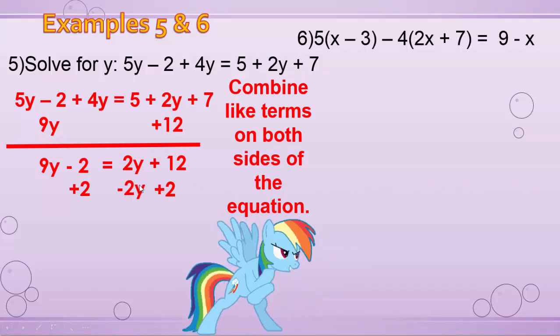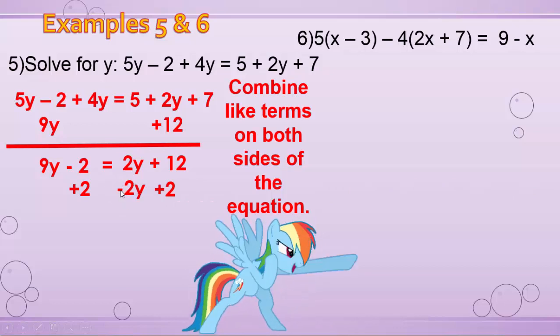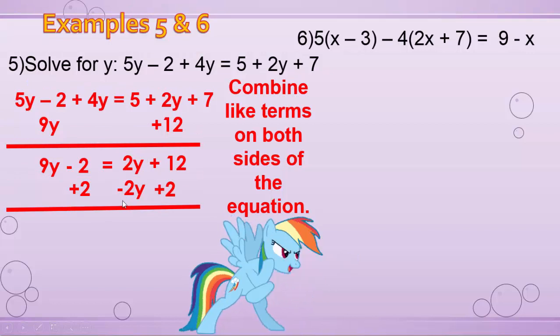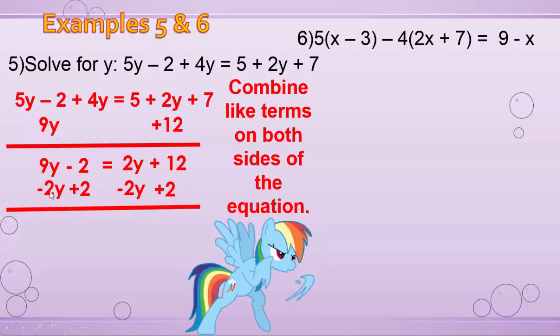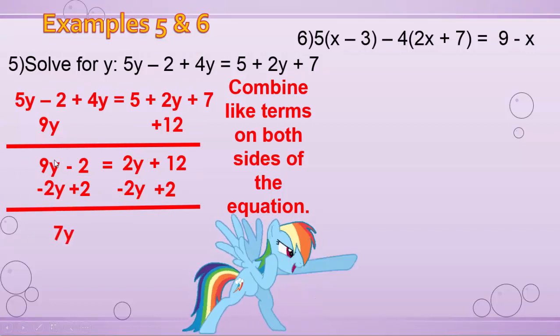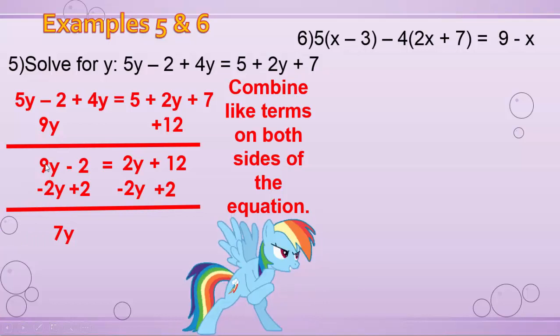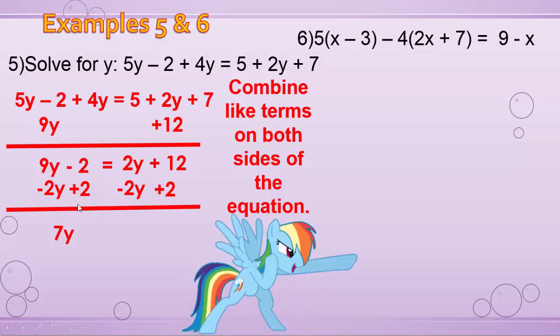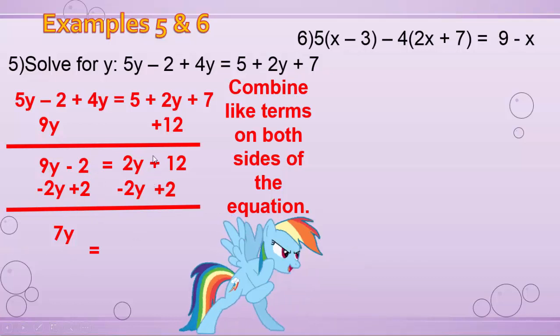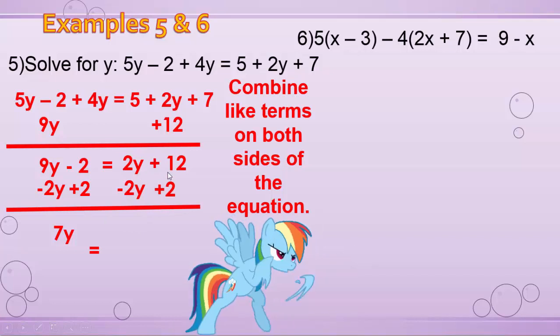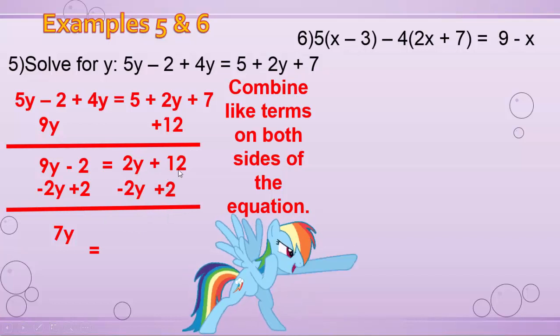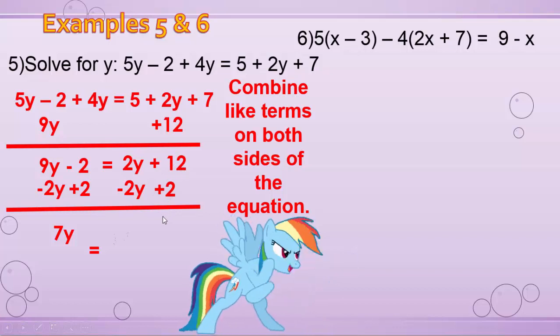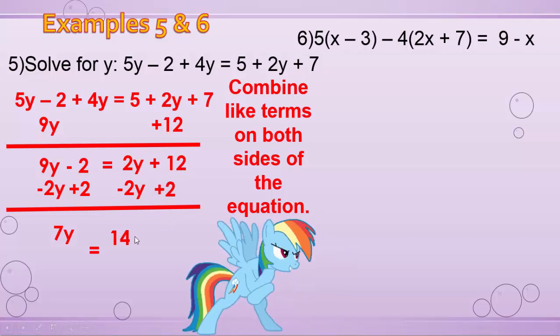Similarly for the y, I'm going to put negative 2y here to cancel it, and then 2y here, and I end up with negative 2y, and 9y will give me 7y. These two will cancel out, and then these two together, 12 plus 2, will give me 14.